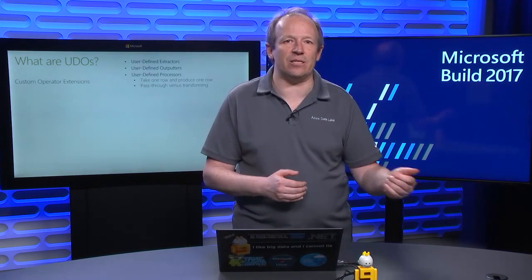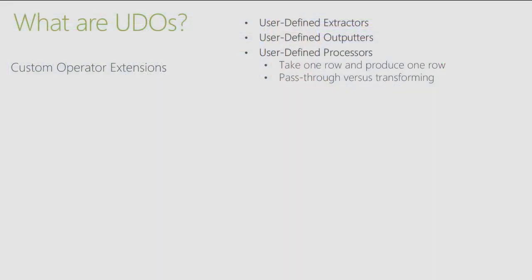These are basically custom operator extensions that allow you to extend the standard relational operators with things like defining custom extractors that take a file and create a rowset, or take a rowset and output it back into a file stream. You also have user-defined processors that take one row in, do some transformations and produce one row.